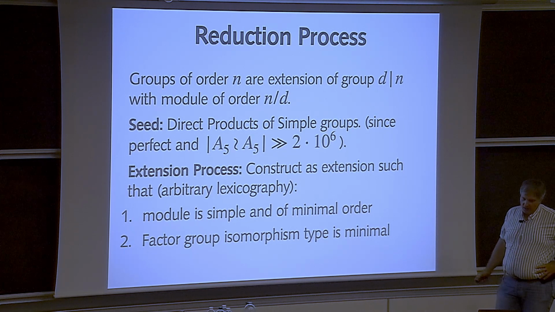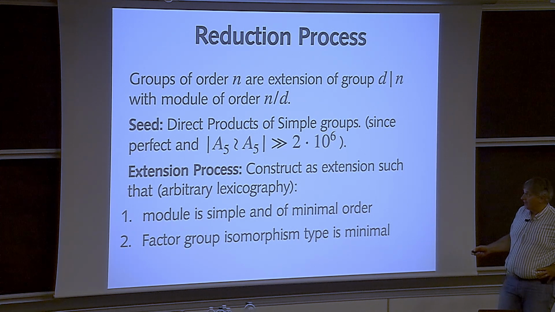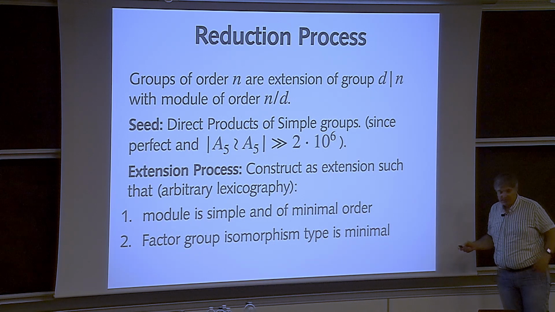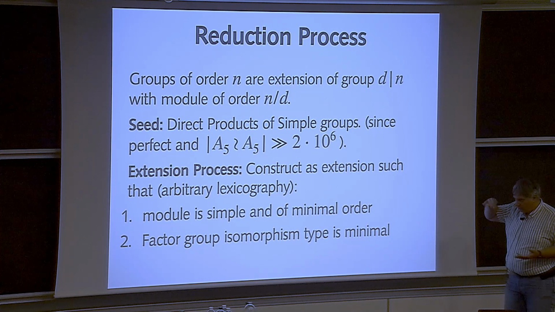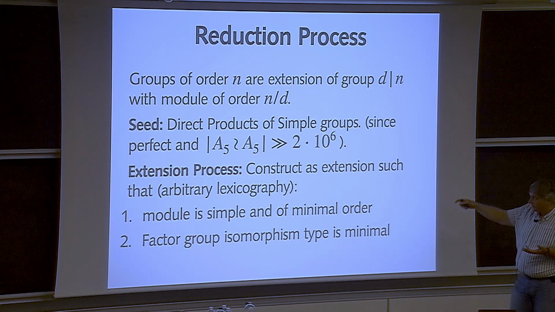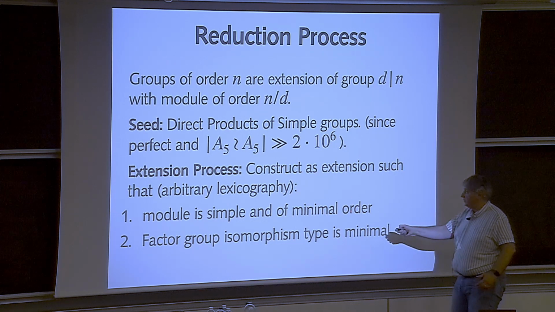So I want the module I put underneath to be a simple module, and actually among all minimal normal subgroups of the extension, I want it to be of minimal order.